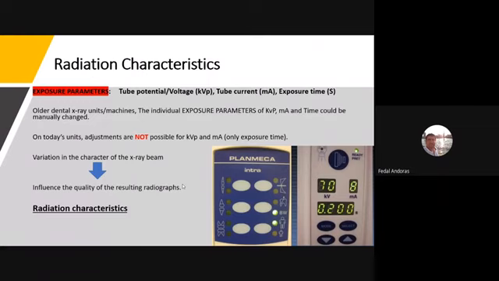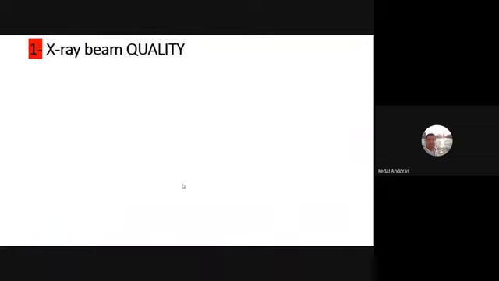So radiation characteristics, we have three characteristics of radiation. X-ray beam quality, X-ray beam quantity, and X-ray beam intensity. We will talk about these today. What we mean by X-ray beam quality? We talked about tube head, cathode, anode, and everything.